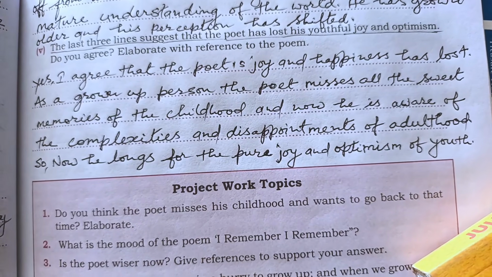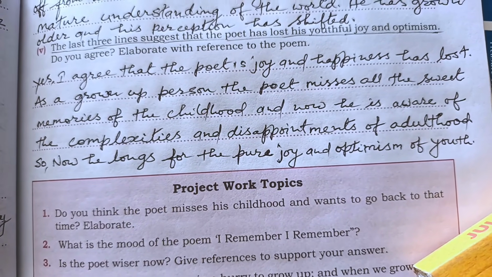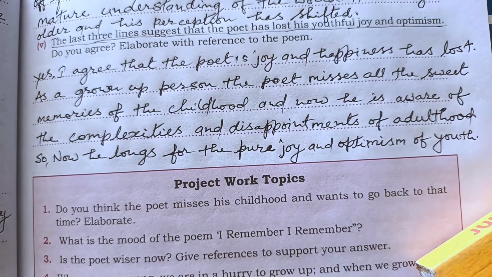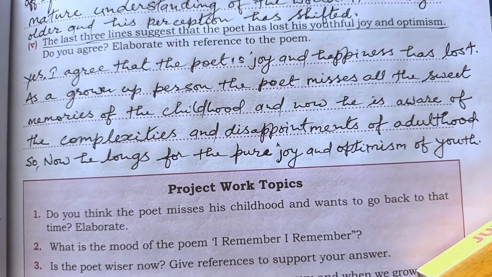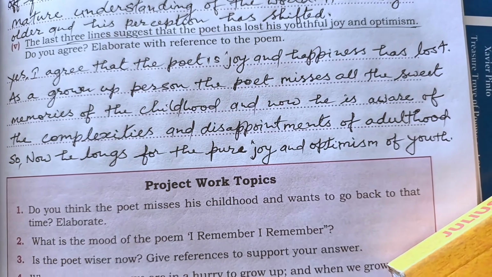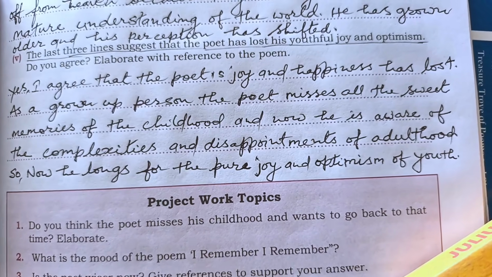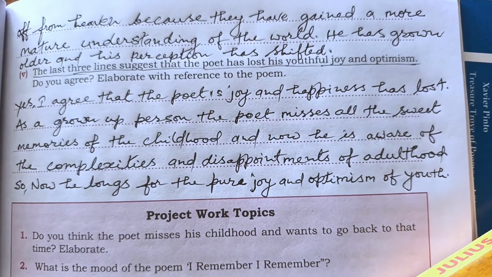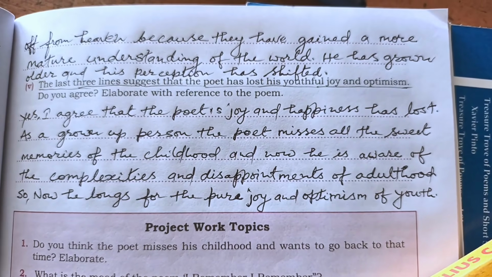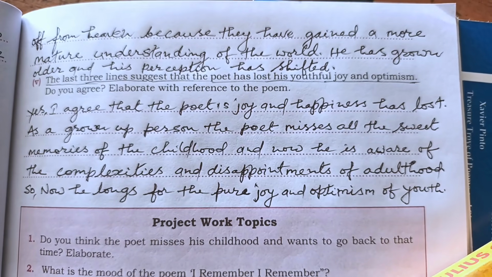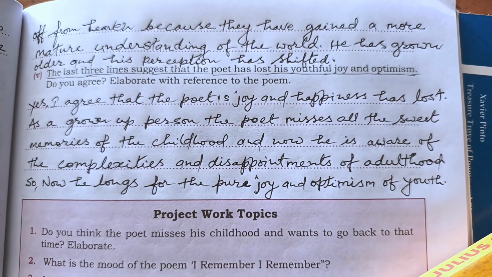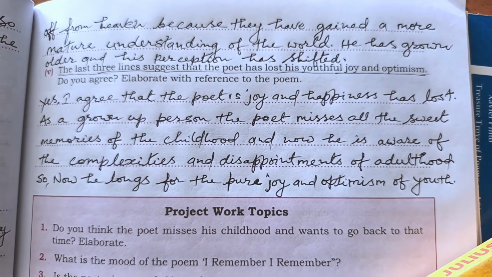As a grown up person, the poet misses all the sweet memories of childhood, and now he is aware of the complexity and disappointments of adulthood. So now he longs for the pure joy and optimism of youth.